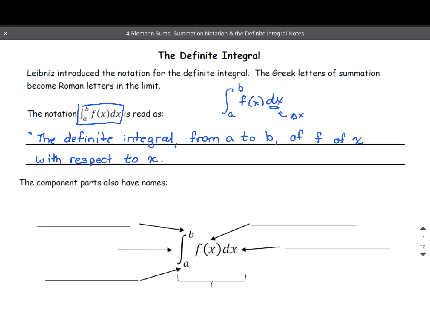So let's look at this again. Here is our integral sign. Then we have our upper limit of integration, and we have our lower limit of integration. We have the integrand. The f of x is the integrand. What are you taking the integral of?